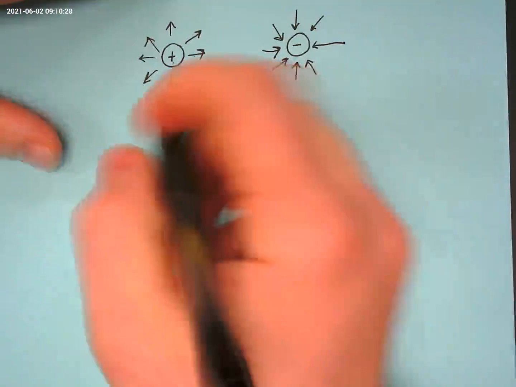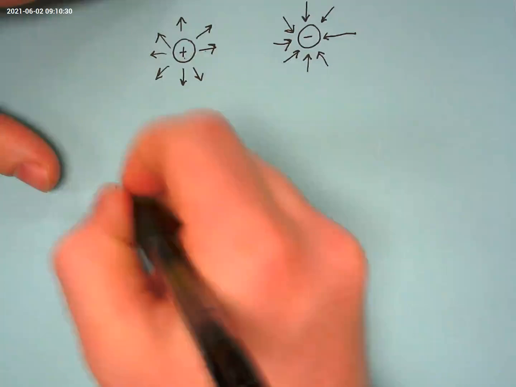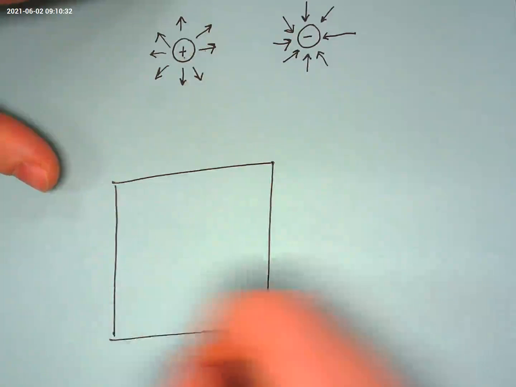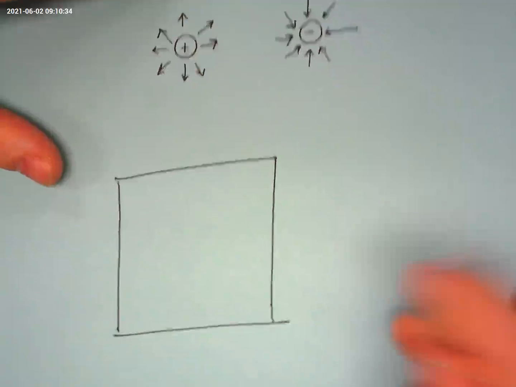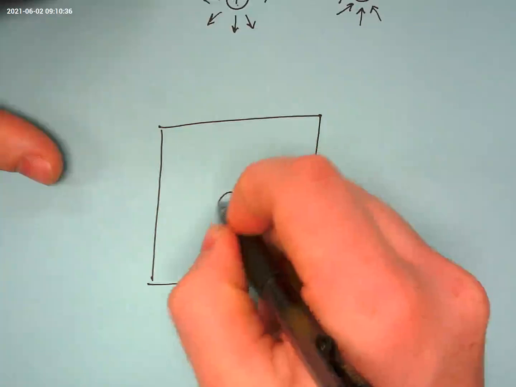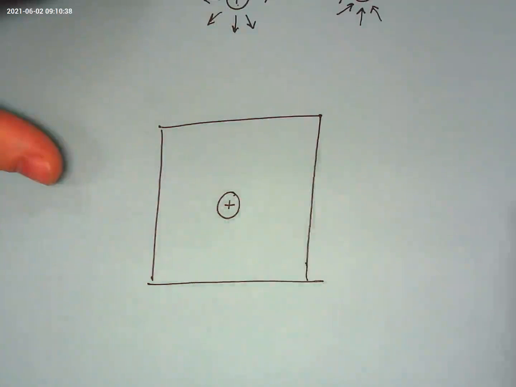The way that we draw these is not too far from what I just drew out here as examples. But to show you properly, let's draw this box, and in this box we're going to have a positively charged particle. When we draw the field lines around here, in this case electric field lines, there are some rules that we have to follow.